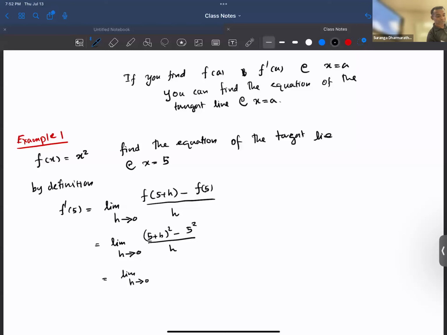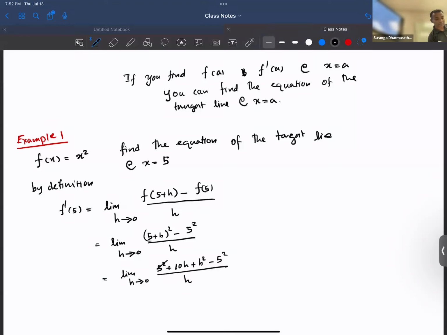This is what? 5 squared plus 2 times 5h, that is 10h, plus h squared minus 5 squared divided by h. Does that step make sense? Good? Is everybody good?